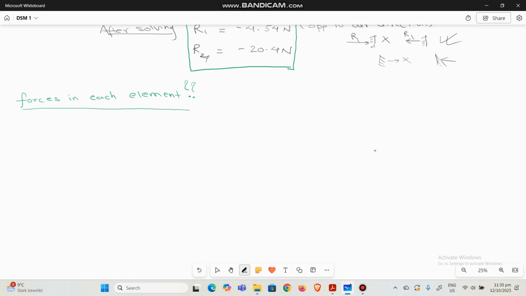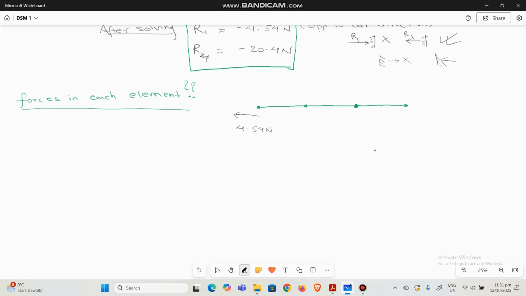So now what we are left with is something like this, and we found out that reaction 1 was in this direction. It was opposite to what we thought, 4.54 Newton.